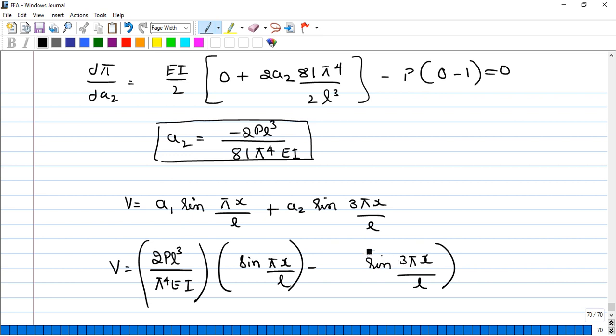So let me close the bracket. I will write a2 as 2PL cube by 81 pi to the power of 4 EI. So this will be the complete equation, and you can take the common factor 2PL cube by pi raised to 4 EI. Okay, let me write it as it is.